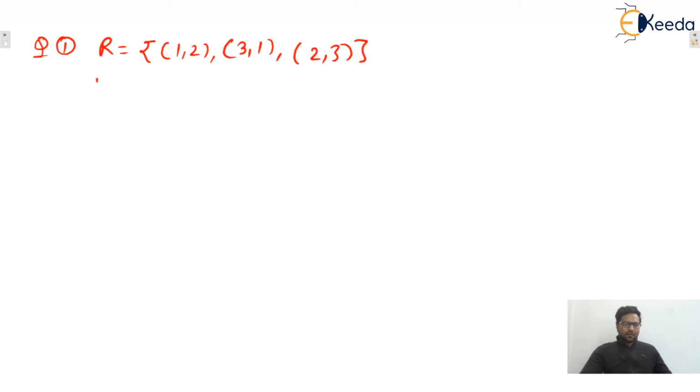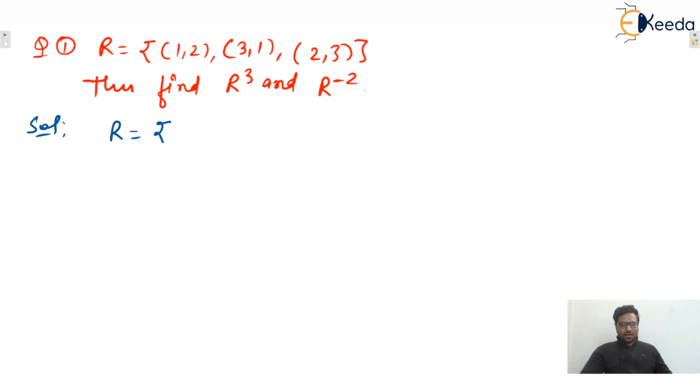And my question is, find R cube and R power minus 2, isn't it? Now you only tell me what will be the solution. The relation R is (1,2), (3,1), (2,3), isn't it?